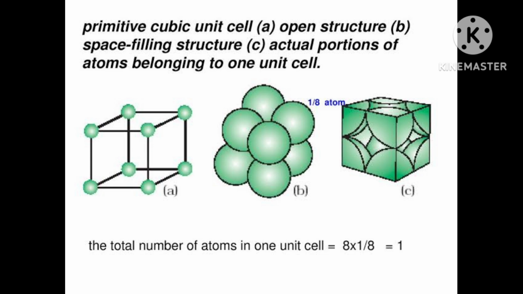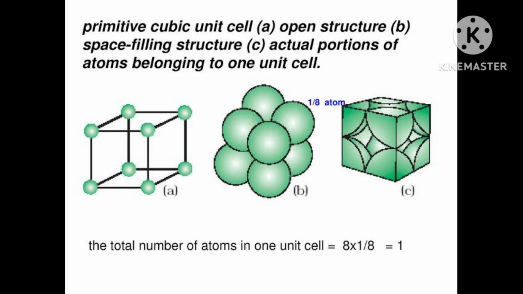Then these three types of structure I have told you. First structure, that is called open structure. When you consider a cube with one particle on each corner, that is called open structure. And the second structure, what I told you, 4 down 4 up, that is called a space filling structure.